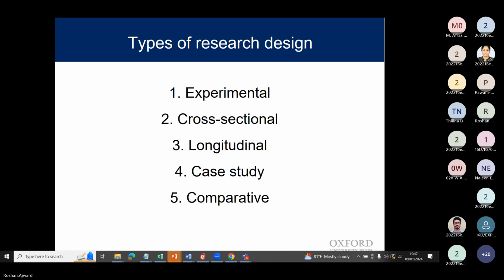The first type is known as experimental type. So you'll understand what scientists follow. The scientists follow the experimental type. Even testing a COVID-19 vaccine, they did several types of research, but in one type of research, they did an experimental research as well.